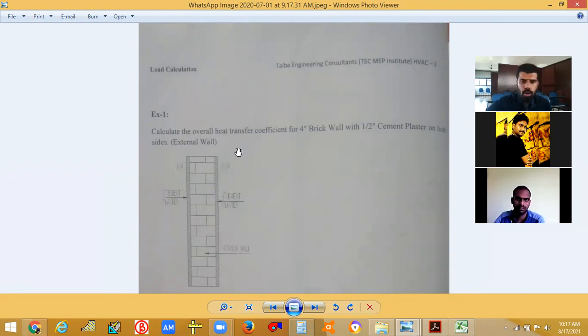Okay, and you have to draw this also. Draw like this. This is the brick. It's a 4-inch brick wall, and on both sides you will be having a half-inch cement plaster. This will be the outside and this will be the inside. So you can write OA, which means outside air, and IA, inside air.